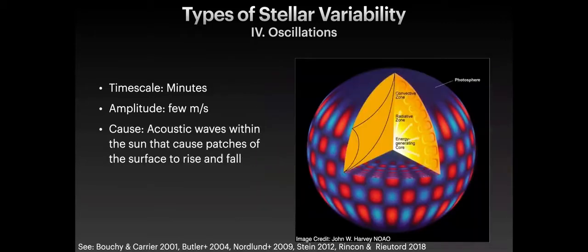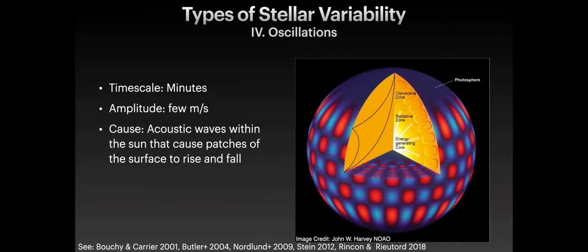And then finally, the shortest type of variability are acoustic oscillations. These are caused by sound waves inside the sun that cause the visible solar disk to pulse in and out. That motion can be described as a superposition of literally millions of different oscillations, including the one shown here, kind of frozen in time, where the red spots are the areas pulsing outwards and the blue spots are the areas pulsing inwards on the star's surface.